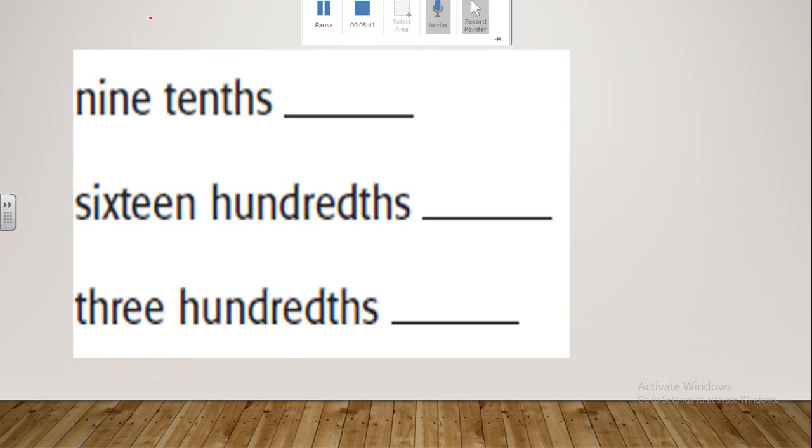Super. Here he gave you the number in words and he wants you to write it as a decimal. 9 tenths. So you will write number 9. Tenths means you will put the point after one digit. So after one digit it will be like this, 0.9. 16 hundredths.